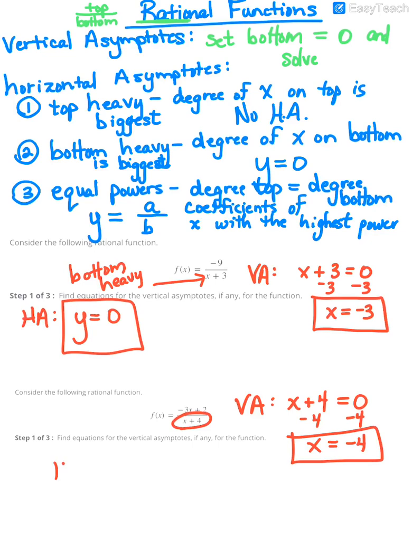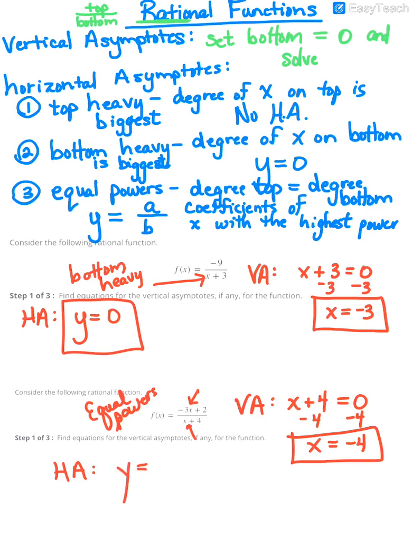Now, you'll notice for the horizontal asymptote in this case, when I look at my power of x on top, it is x to the first. And when I look on bottom, it is also x to the first. So this is a case where I say they have equal powers. The degree on top is equal to the degree on bottom.